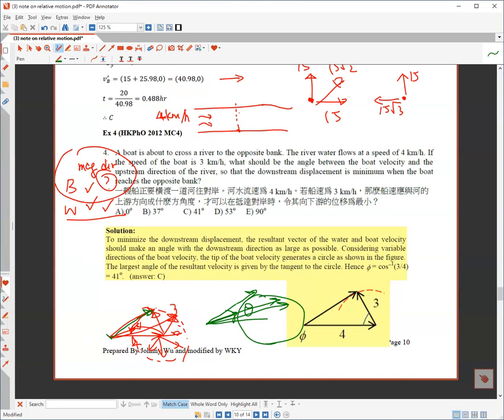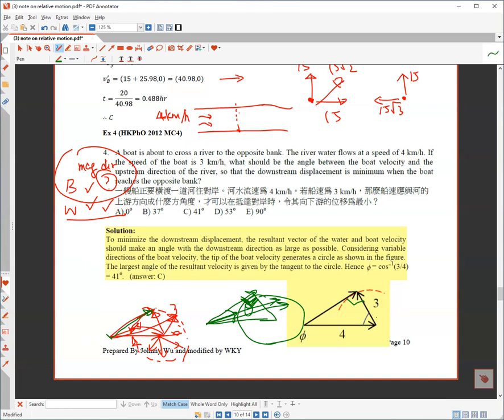Then which one will be the largest? This is the one that is the tangent of the circle. So this angle should be a right angle. Okay? This angle should be a right angle, such that it is tangent here.